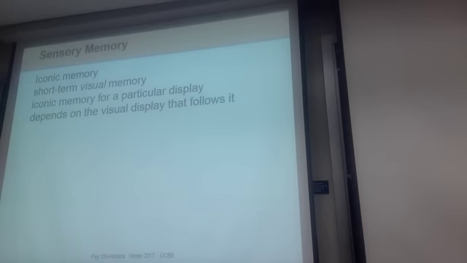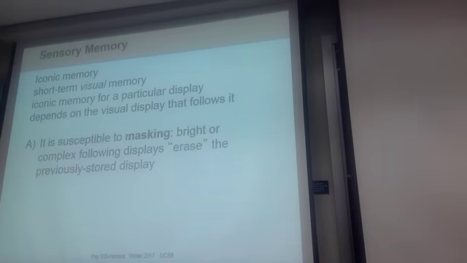So iconic memory is our short-term visual memory where we're holding that array for less than a second. And it's also important that how good and how long that iconic memory for a certain set of items lasts depends on what follows that display.